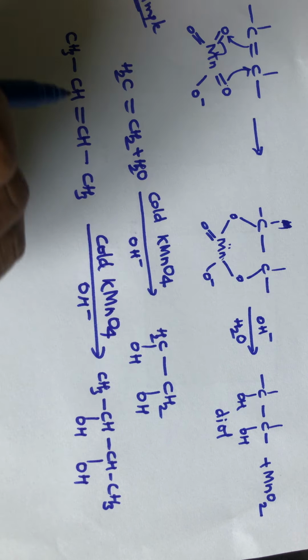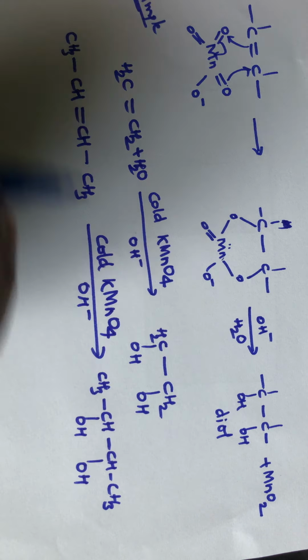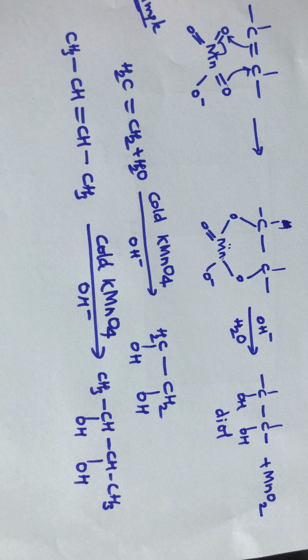The double bond is converted to a single bond with OH, OH. You get diols, so this is butane-2,3-diol that you are going to get. Hope this is clear. So this was about the peroxide effect, then the ozonolysis reaction as well as the reaction with cold KMnO4. Okay, thank you.